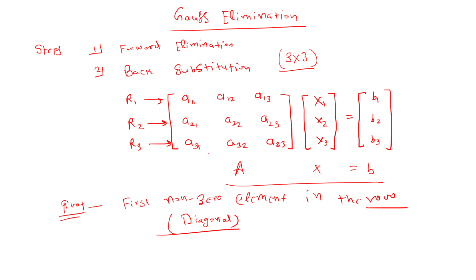So this matrix system A will be converted into an upper triangular matrix by making the elements below the pivot 0, and often we will select this pivot at the diagonal. So how will we do it? We will do it with row operations. Let us understand these row operations involved in this forward elimination.